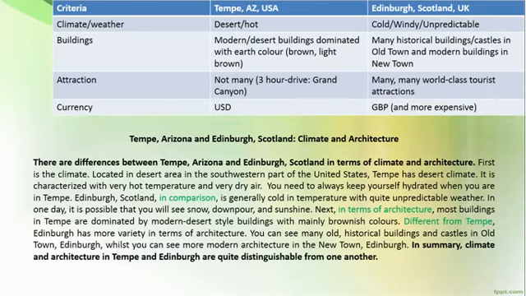This paragraph is having only one idea. The idea is to compare and contrast Tempe and Edinburgh in terms of climate and architecture. One idea here is located in the topic sentence.